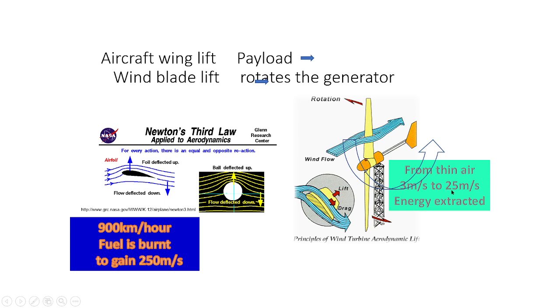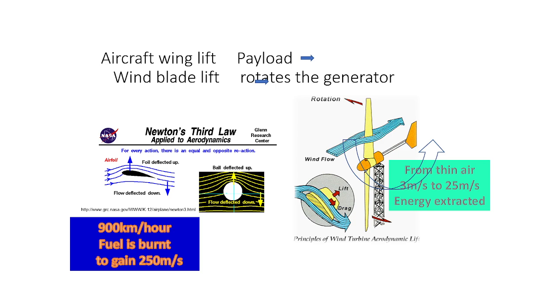This is called cutout wind speed. Cutout means beyond which the wind turbine cannot efficiently produce power from the wind. So you stop the wind turbine and make it resist and live longer to generate more.